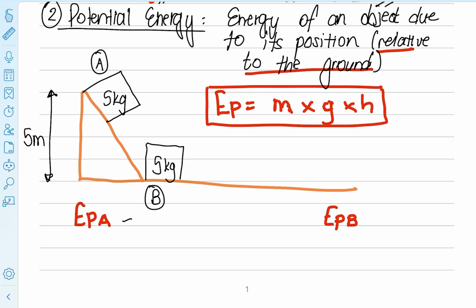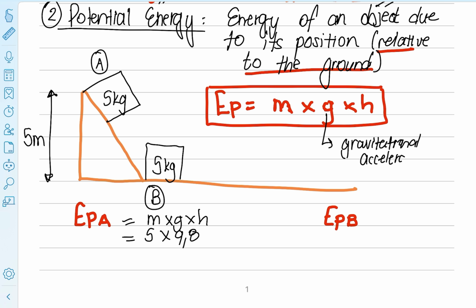So, if we had to calculate the potential energy of the object at A, we'd say mass times gravity times height, which is 5 times 9.8, because remember, this is for gravitational acceleration. And we know that gravitational acceleration is always going to be a constant number. It's 9.8 meters per second squared, right?